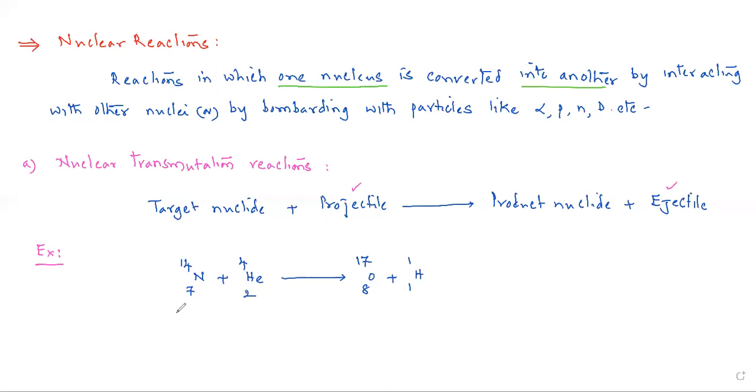This is how the proton was discovered by Rutherford. You got the isotope of oxygen. Now say this is the target nuclide. This is the projectile. This is the product nuclide. And this, of course, is the ejectile.